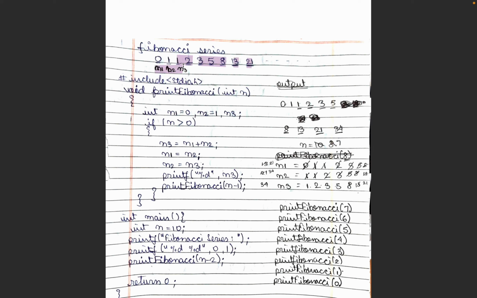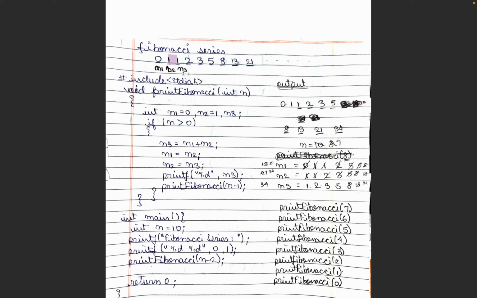We are not changing the value of n3. So we are printing n3. In the series 0 1 1, till this third number, our series is completed.